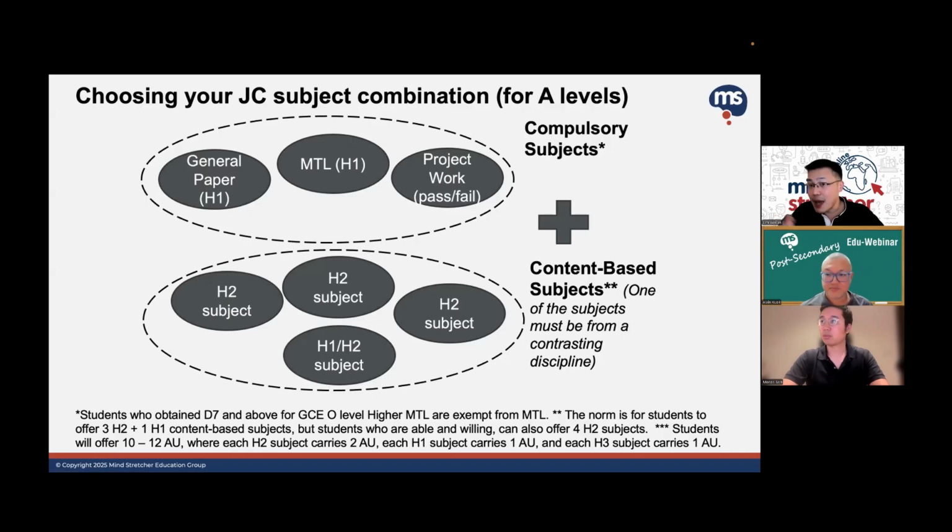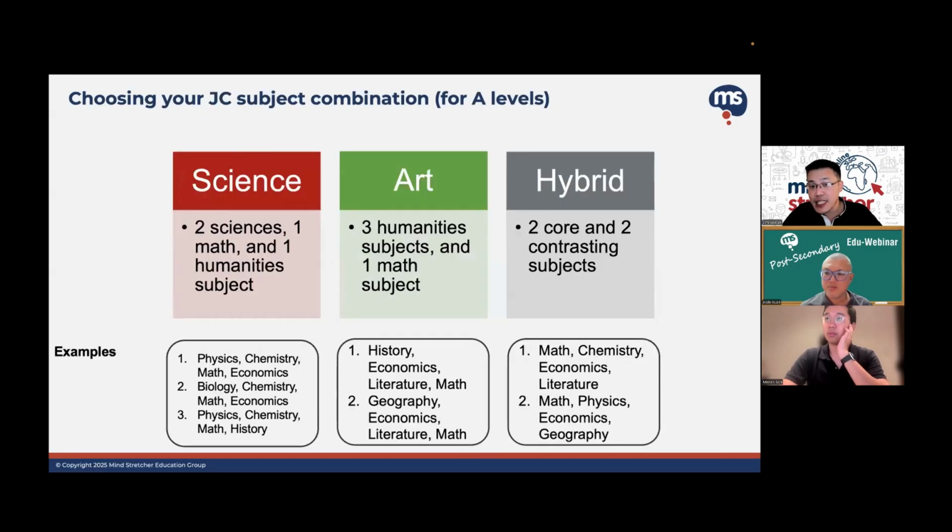So biochem, math, econs, physics, chem, math, econs. So econs will usually be that contrasting subject, right? And then let's say you're in art stream, then you can see here, people take like history, econs, literature, and then math will be the contrasting, right? So that's how it works.